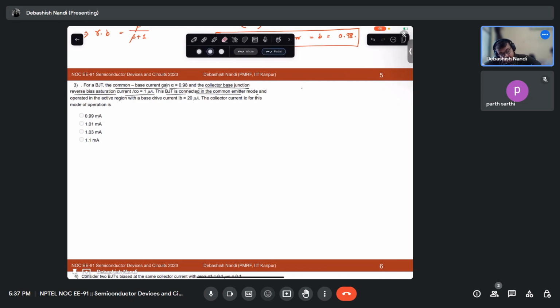Generally, what happens, if this is a transistor, the actual dimension will be something like this. So this would be your emitter, this would be your base, this would be your collector. Let's say this is your WE dash, let's say this is WB dash, and let's say this is your WC dash.